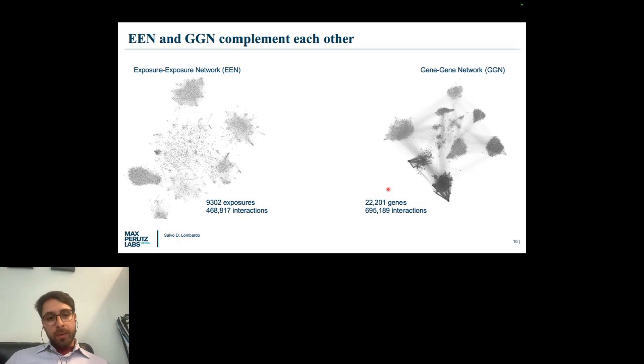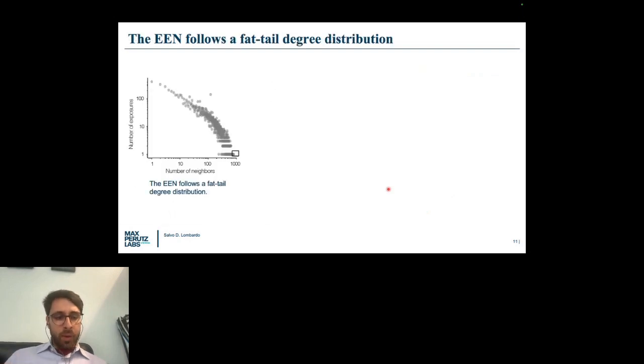What we can observe from these networks is that we can analyze them in two different ways. One way is looking at the global topology of these networks, and another way is the local topology. In the global aspects of these networks, we observe that if we look at their degree distribution, both of them follow a shape similar to a power law degree distribution, which means that we have the classical shape of the rich get richer, as in social networks.